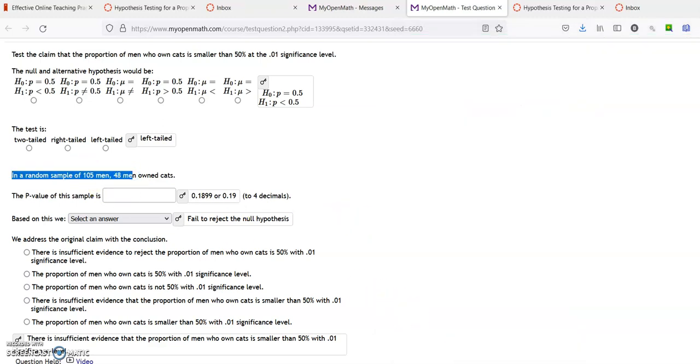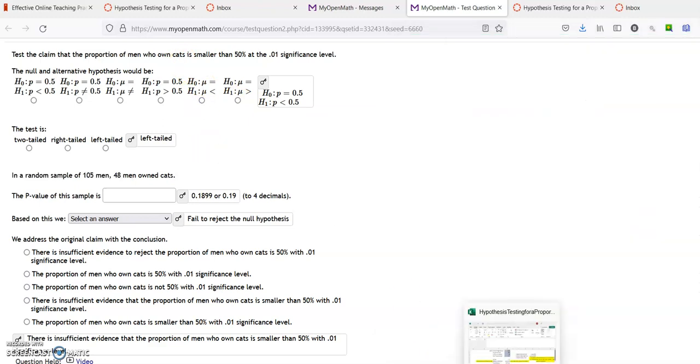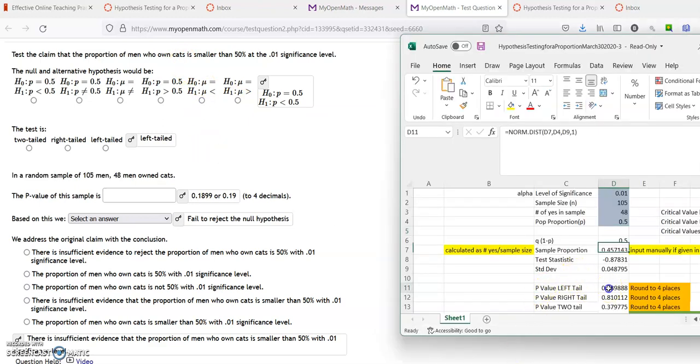Okay, so that'll calculate your sample proportion, which is, after you enter, 48 (D3) divided by sample size 105 (D2). That is your calculation that goes here. It's going to take this divided by this. The population proportion is 0.5, and since they're asking, is it smaller, that's a left-tail test. 0.19 would be the 4 decimal places.